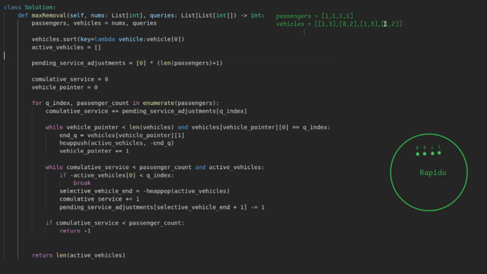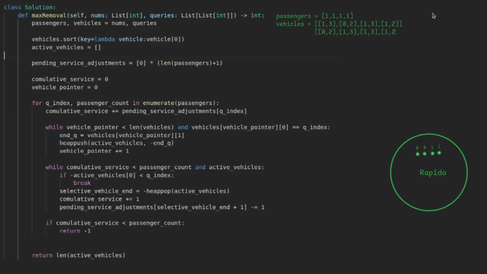That means I am going to get here 0 2, 1 3, and 1 2.